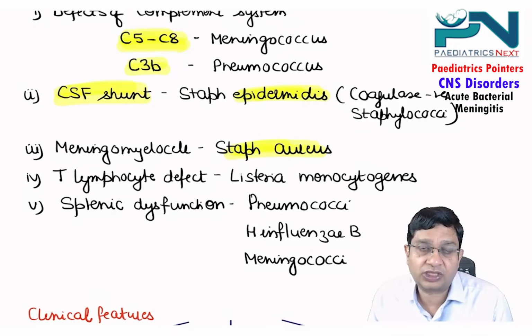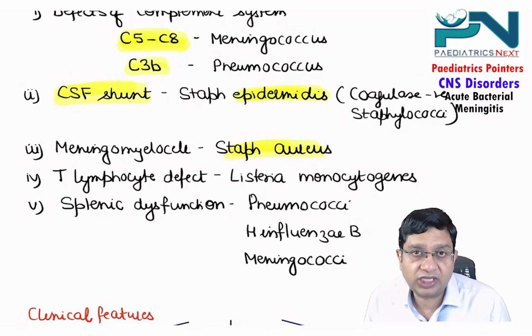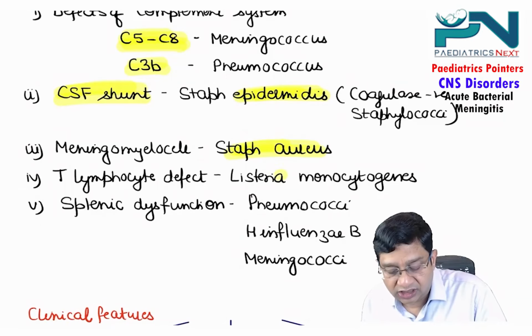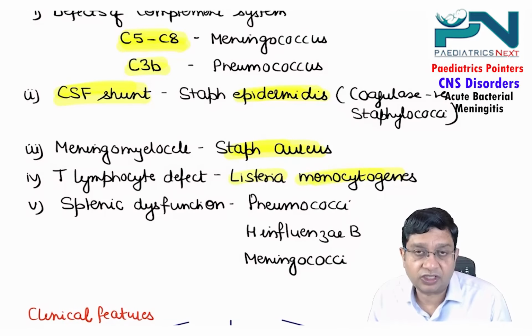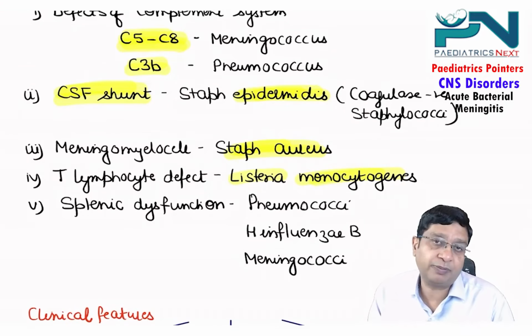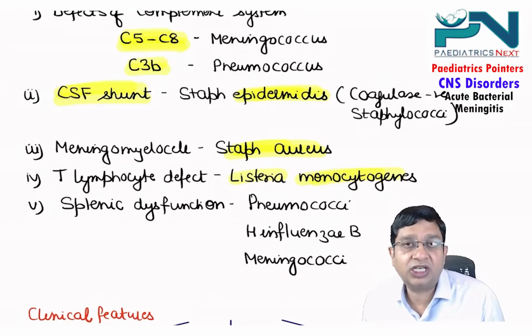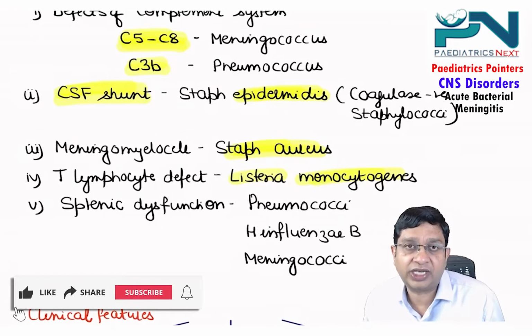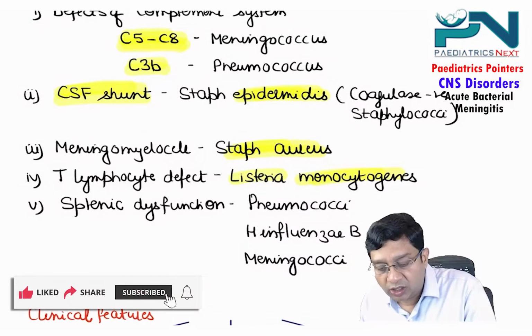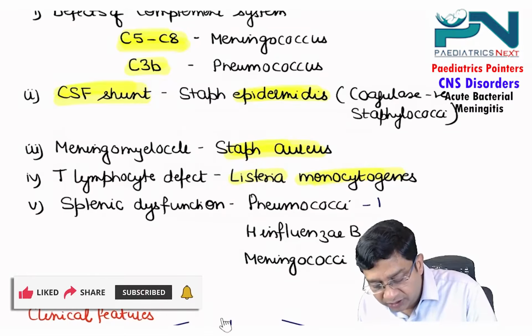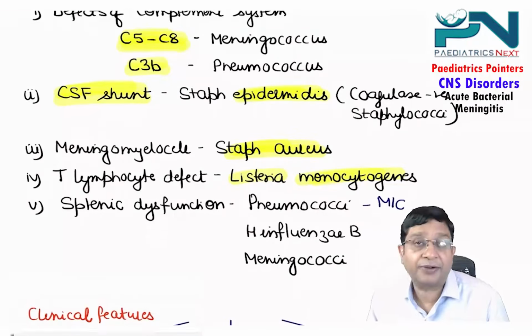In T lymphocyte defect, the causative organism of meningitis is Listeria monocytogenes. If there is splenic dysfunction or asplenia, hyposplenia, the incidence of encapsulated organisms is increased, which includes pneumococci, H. influenzae, meningococci, and out of the three, the most common is the pneumococci.